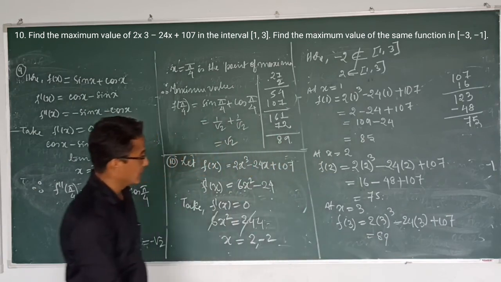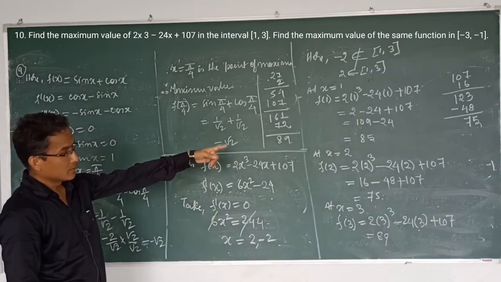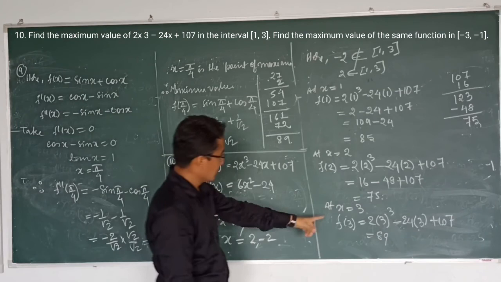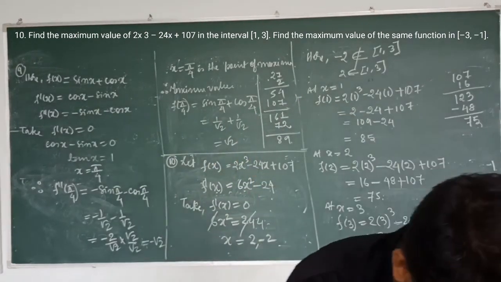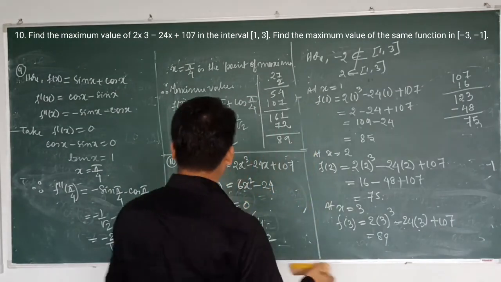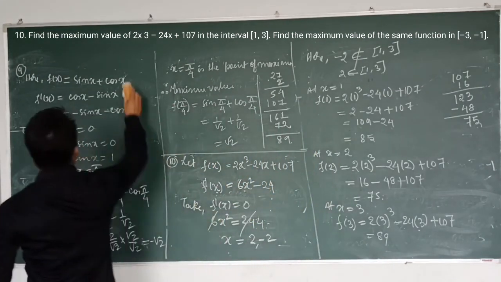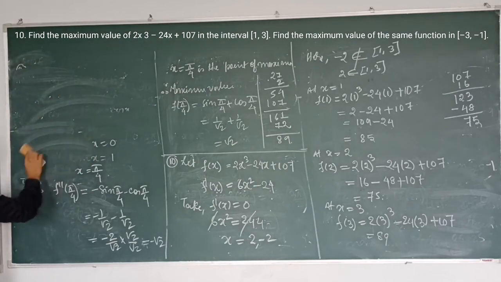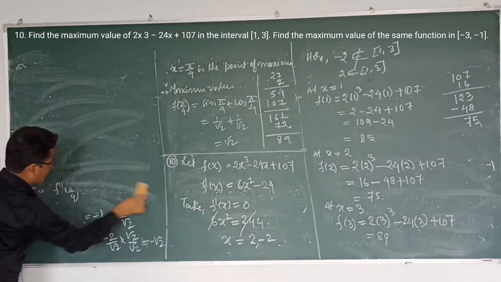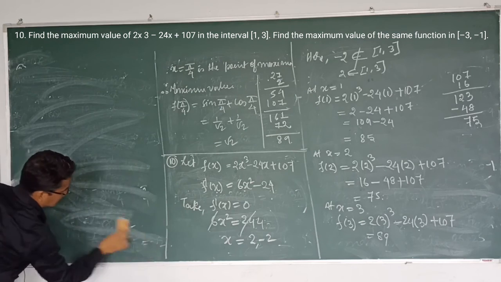So we see the value. So the maximum value we get at x equal to 3, okay, they ask about maximum value, so we write it here. After that you come here, come to this side, left hand side.